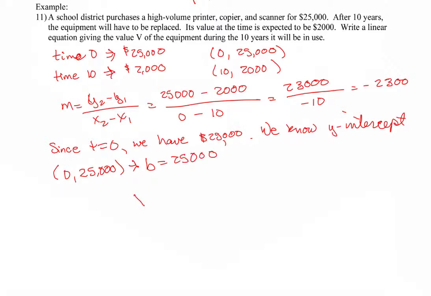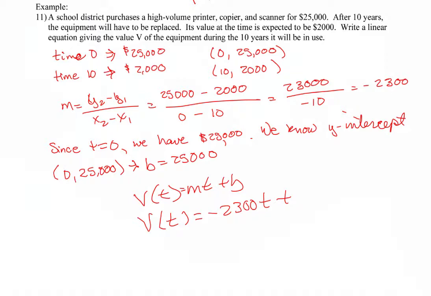So then we have V of t equals mt plus b. We have V of t equals negative 23t plus 25,000. And that would be our equation.